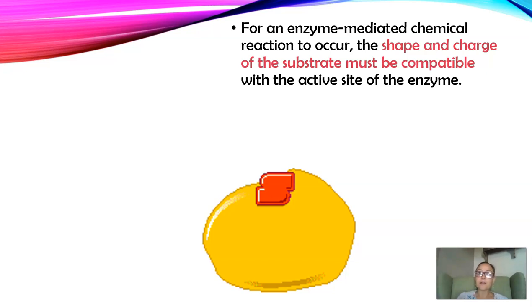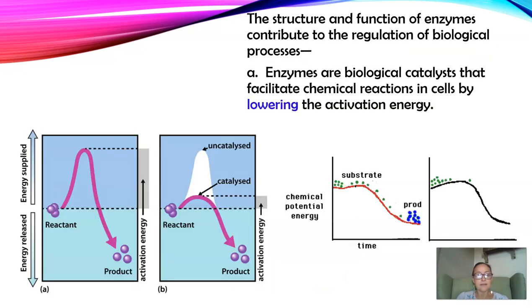So if you have a polar active site region, you wouldn't have a nonpolar substrate. Those would repel each other. Now, the way enzymes work is that they catalyze reactions by lowering the activation energy in cells.